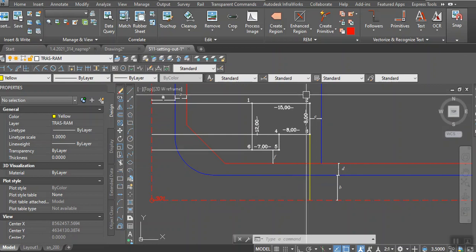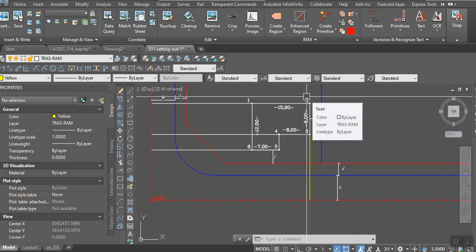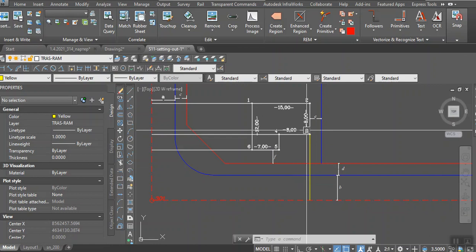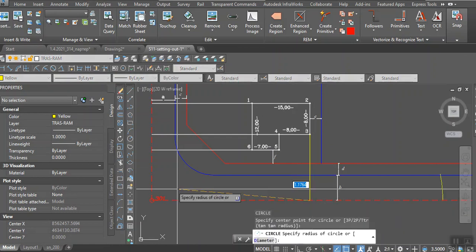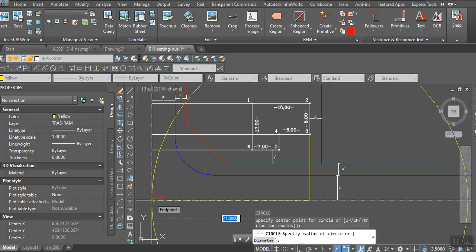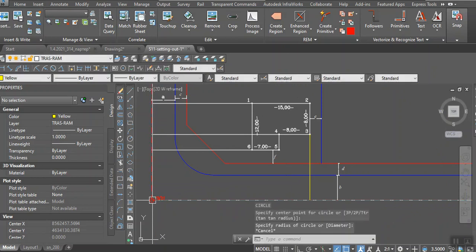So to calculate the coordinates y of point 2 and point 3, we need to calculate this distance from here to here, and this distance is going to be very easy.